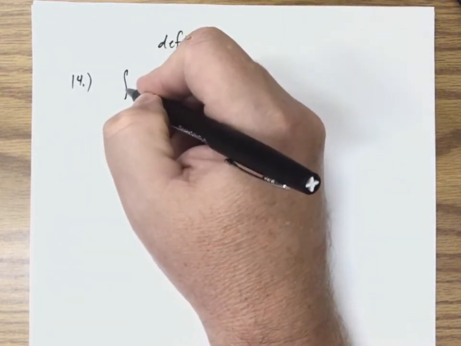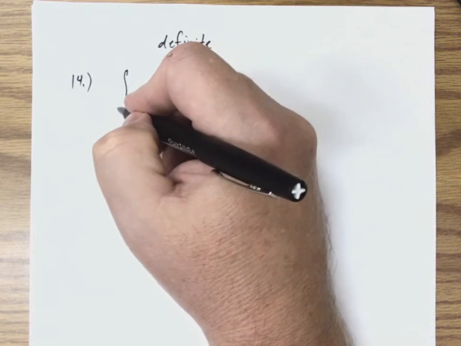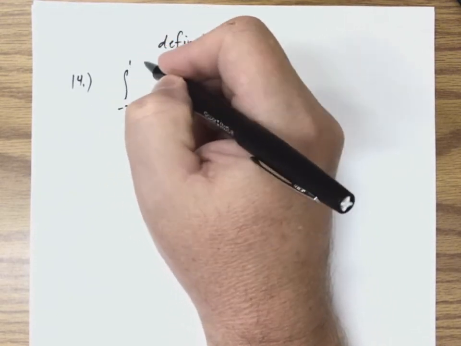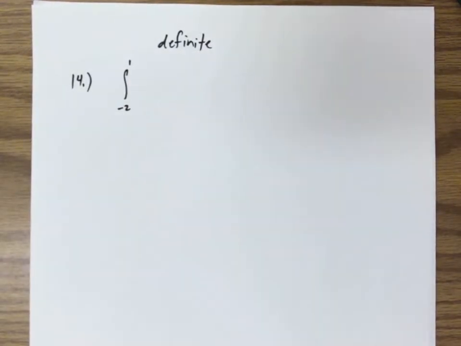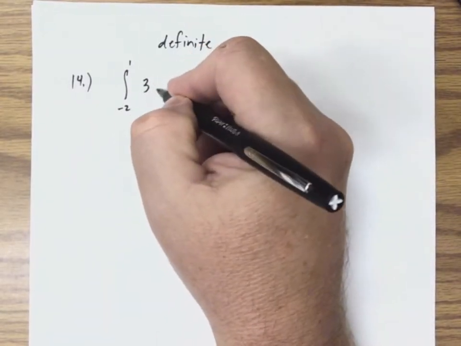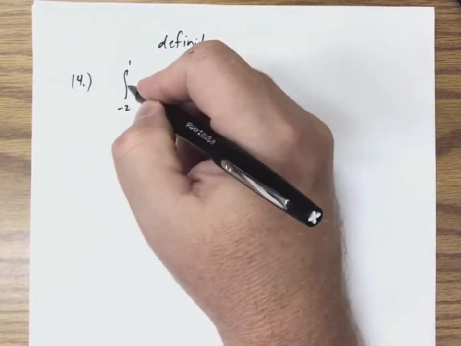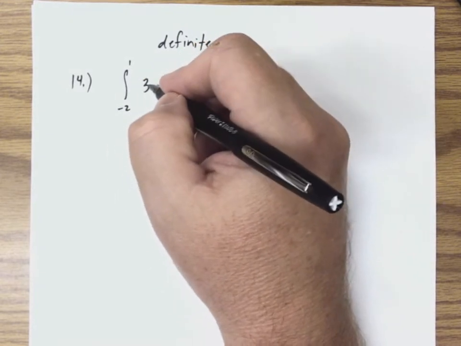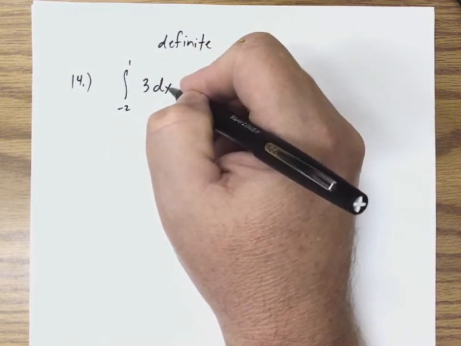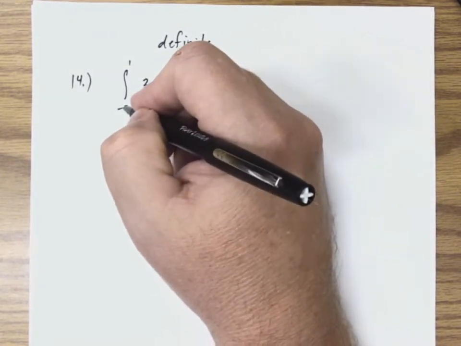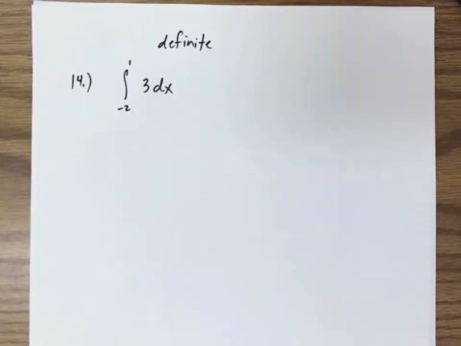We still have the integral sign, but the difference is now, you notice, at both the bottom and the top there's a number. So the integral of 3 dx, 3 with respect to x, and now we have a low and a high number.